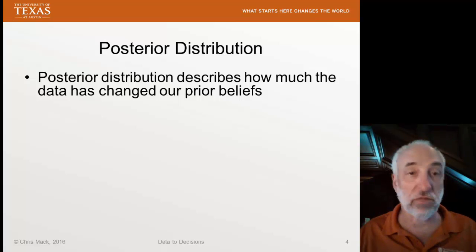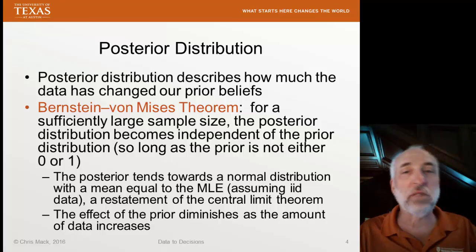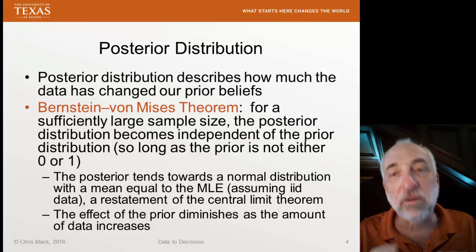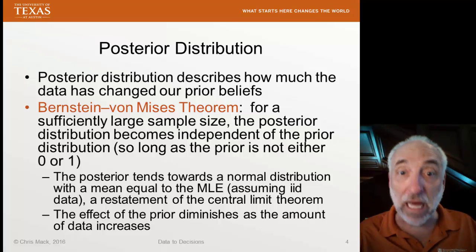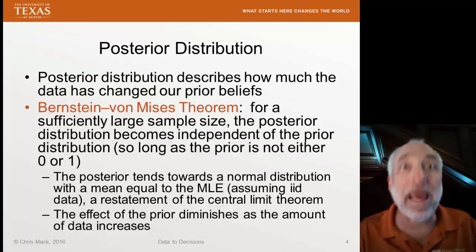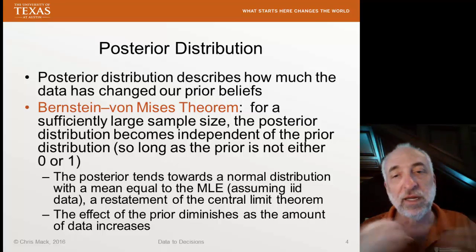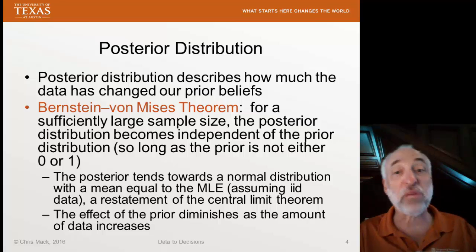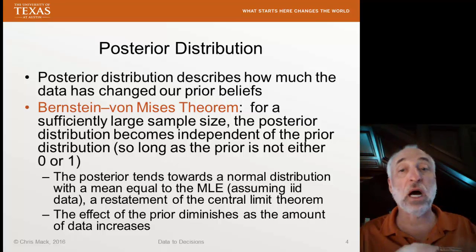shifts our prior beliefs. And there's an interesting and important theorem called the Bernstein-von Mises theorem that basically says if we have a big enough set of data, the prior distribution doesn't matter. Unless we have some special priors like zeros or ones, where it kind of forces certain behavior in our posterior independent of the data set.